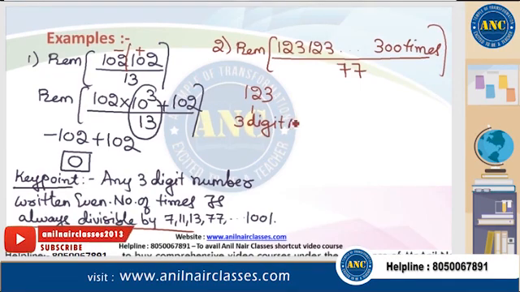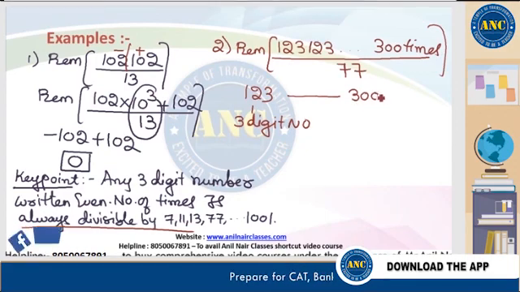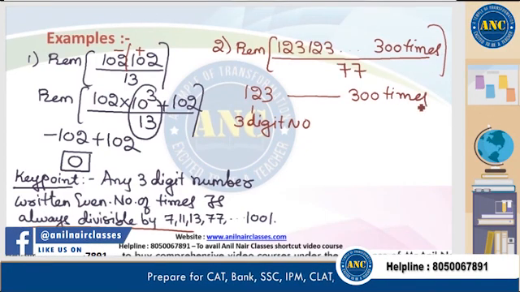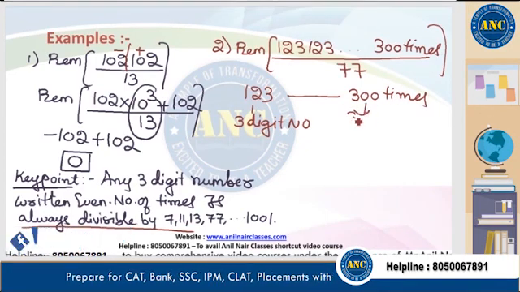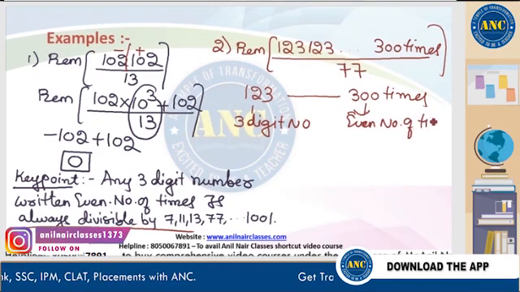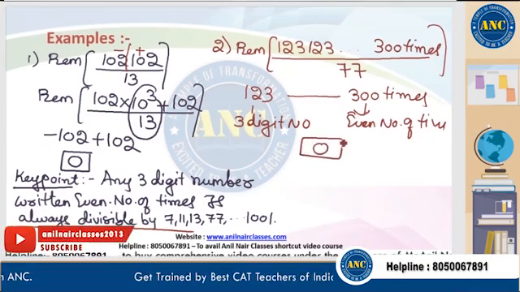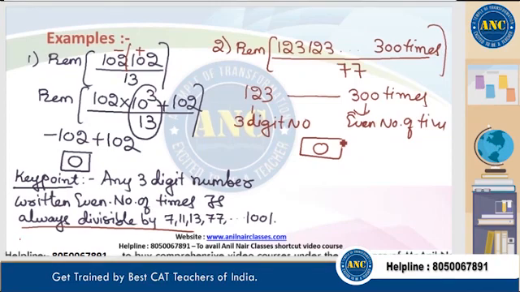How many times is 123 written? 300 times. Is 300 an even number of times? Yes, it is written even number of times. So the answer is always divisible by 7, 11, 13 and their combinations. Answer is 0. I hope it is clear.